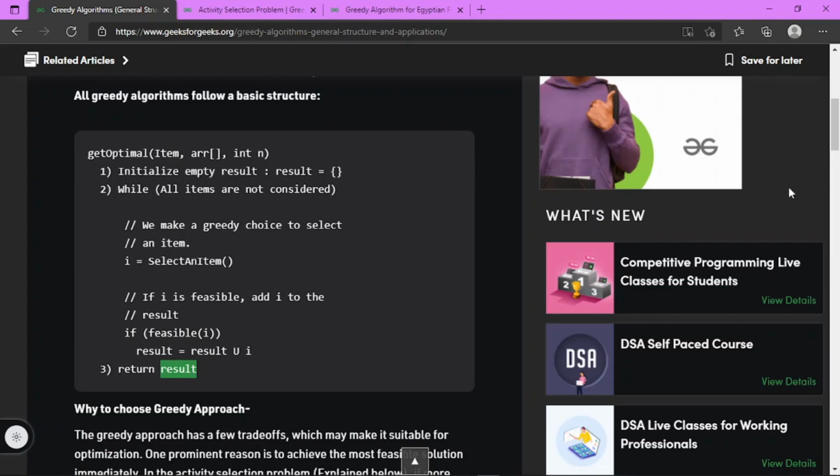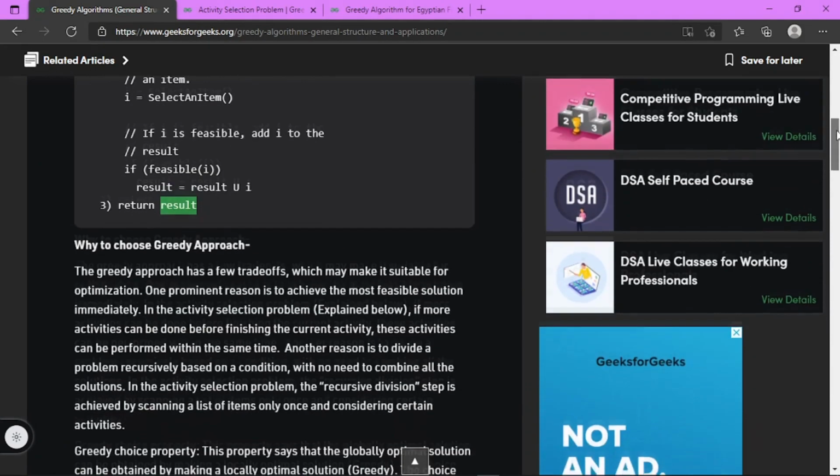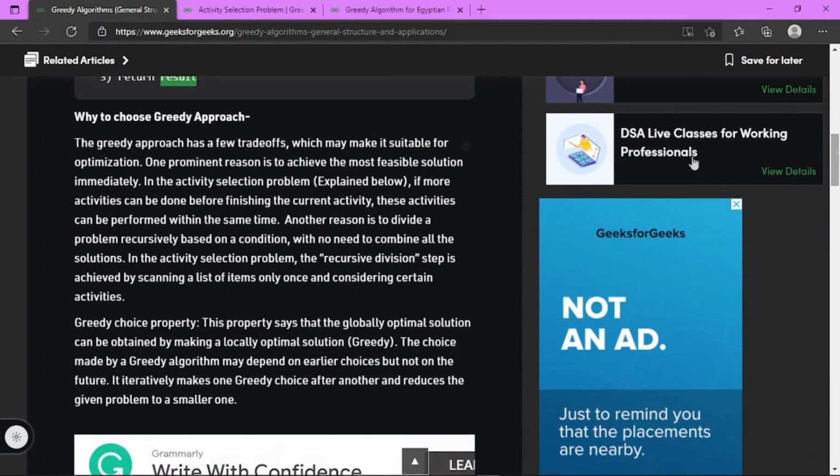So why choose the greedy approach? I explained just now why we use the greedy approach. It is suitable for optimization, and it is proven to achieve the most feasible solution immediately, so it is used.